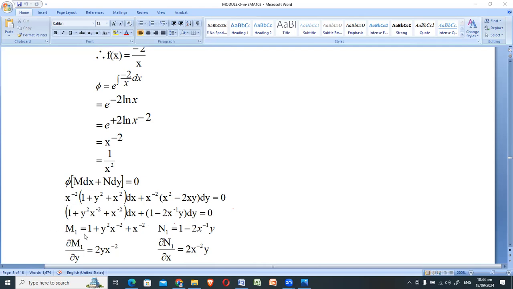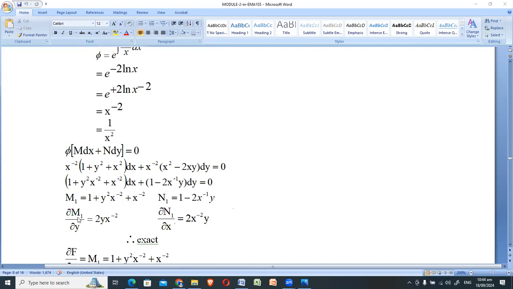So just for illustration purposes, it will be partially differentiated again in terms of y and x for m and n respectively, just to show to you. But actually, when you're already doing this, to find the solution of an inexact DE, there's no need for you to do the next testing because it's automatic that it will be made exact.